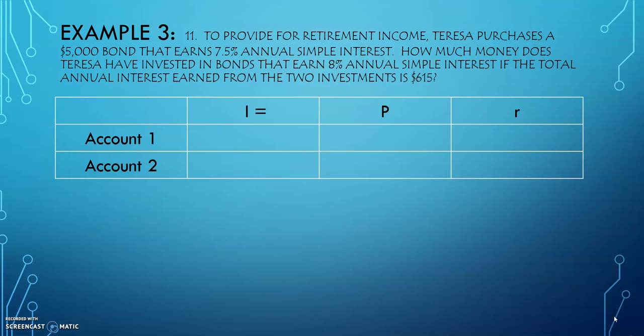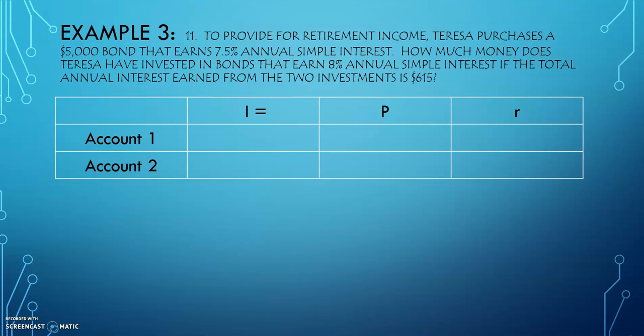Example 3. To provide for retirement income, Teresa purchases a $5,000 bond that earns 7.5% annual simple interest. How much money does Teresa have invested in bonds that earn 8% annual simple interest if the total annual interest earned from the two investments is $615?